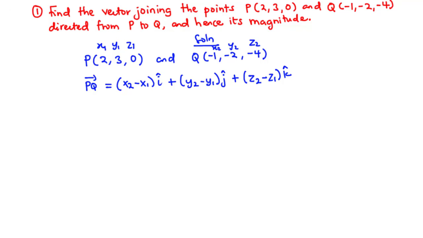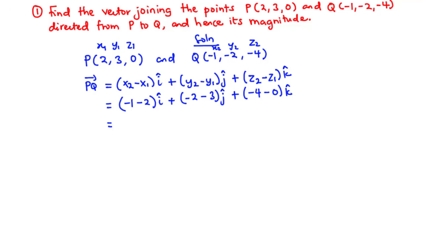So let's substitute the corresponding values in here to find the vector PQ. So we have x2 to be -1 minus x1 which is 2, plus we have y2 to be -2 and then y1 to be 3, plus we have z2 to be -4 and then z1 to be 0. Now let's simplify this.